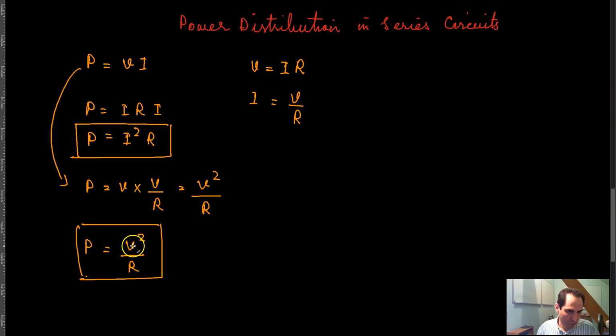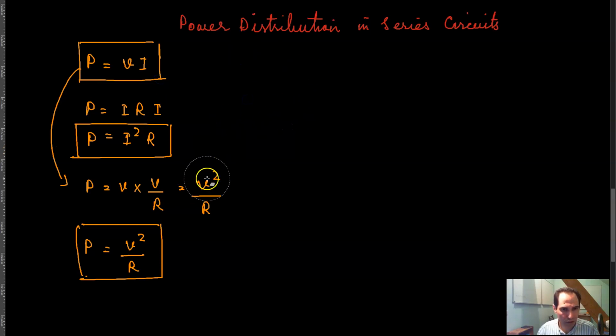If in a circuit you have the voltage and the resistance, you can square the voltage and divide it by the resistance, and that gives you the power dissipation in that circuit.